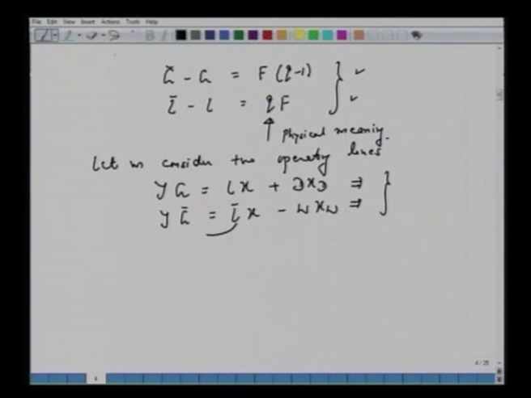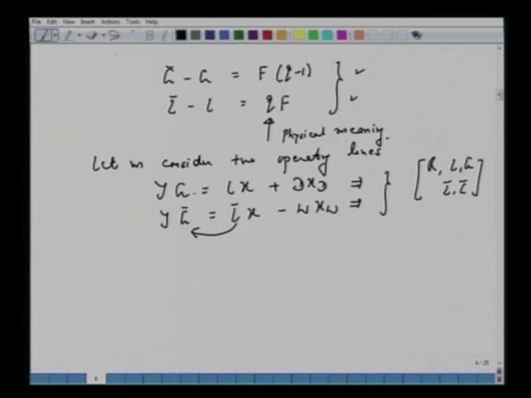So all we have done, we have multiplied by G bar, and we have W over G bar. So different ways of writing the two operating line equations, either in terms of reflux ratios or in terms of L and G, or L bar and G bar for stripping section. Okay, so you should be familiar with different ways of writing it.